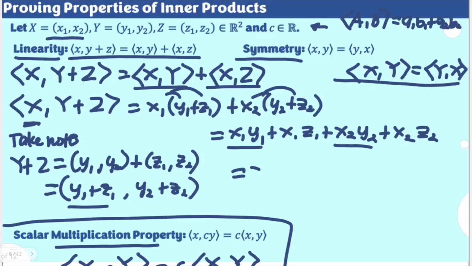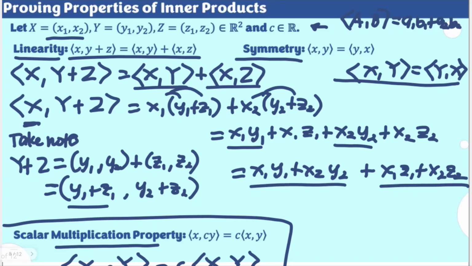By commutative property, x sub 1, y sub 1, plus x sub 2, y sub 2, then plus x sub 1, z sub 1, plus x sub 2, z sub 2. So we have this and that. And this is actually just equal to the inner product of vectors X and Y, and on the other side, multiplying the first components of X and Z.